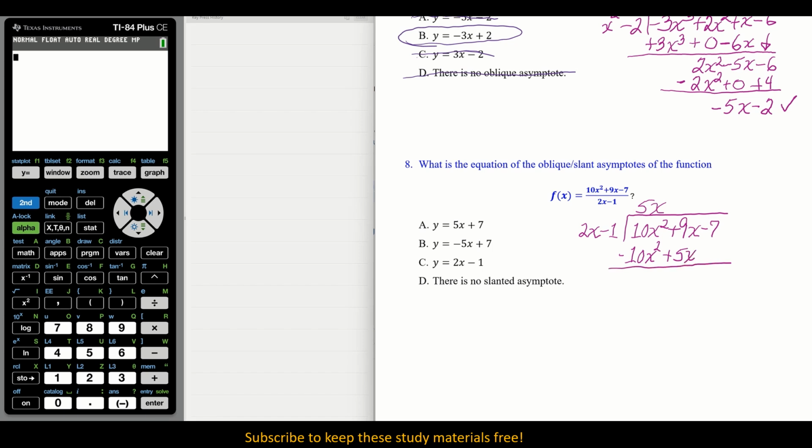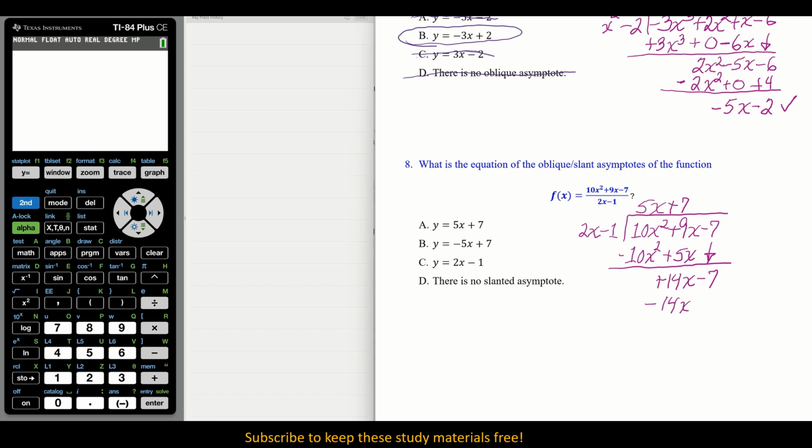The first term becomes 0, and that means the next term, plus 14x minus 7, is brought down. Now, what do we do to get the 14x? Well, we have 2x, so we just need plus 7. But when we multiply that, we're subtracting, so that's minus 14x.